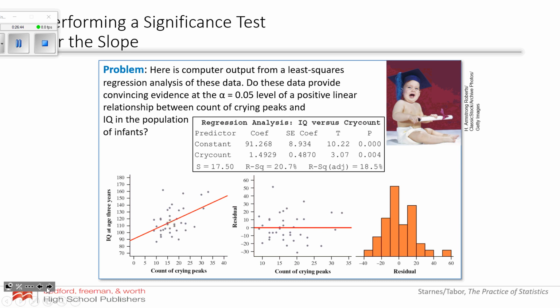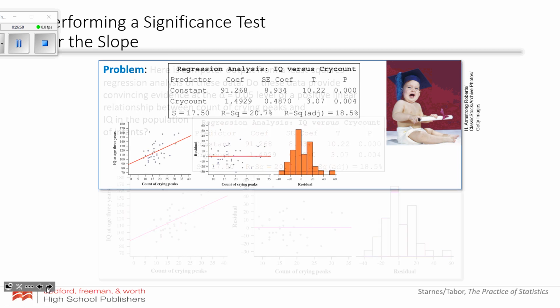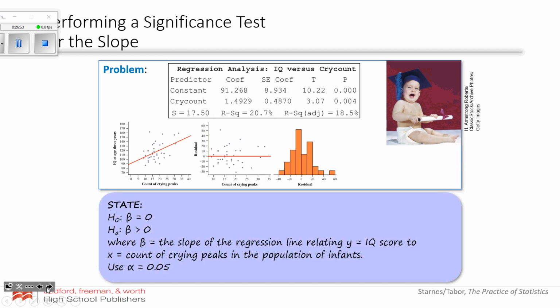We want to test to see that the slope is positive, right? So if we start like we always do, our H0 and HA, notice this hypothesis test is about a population slope.